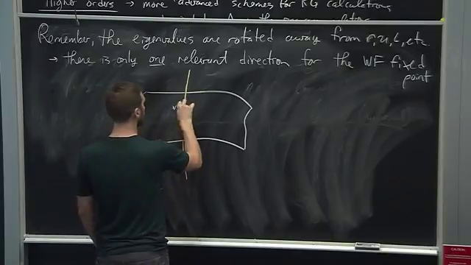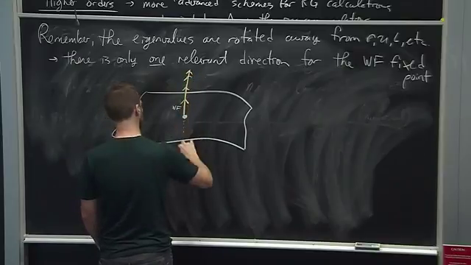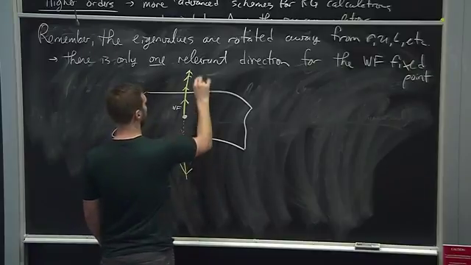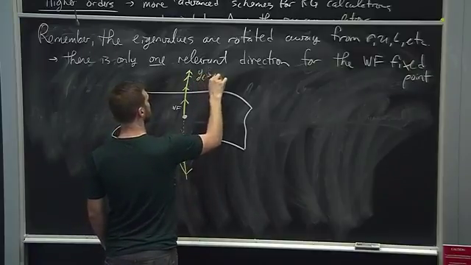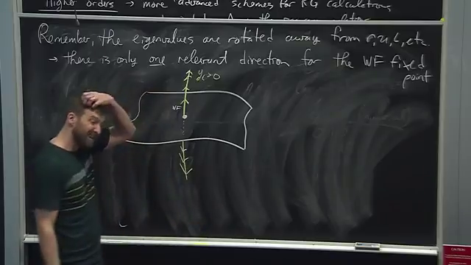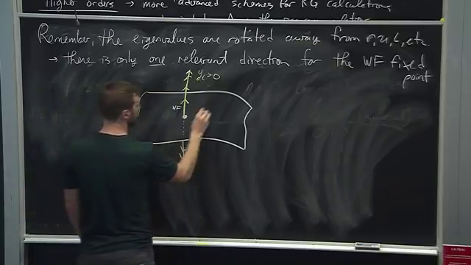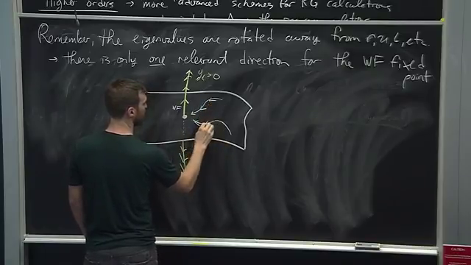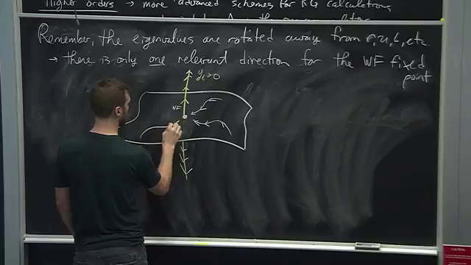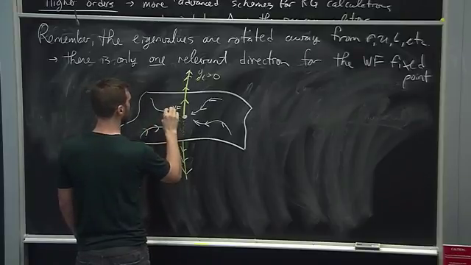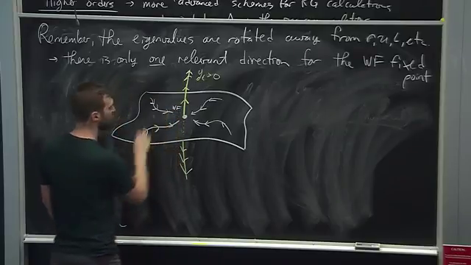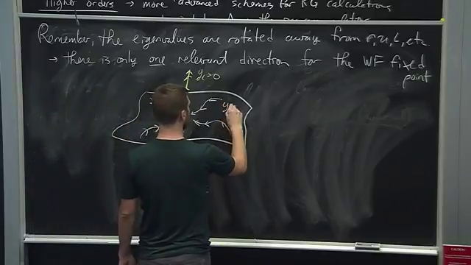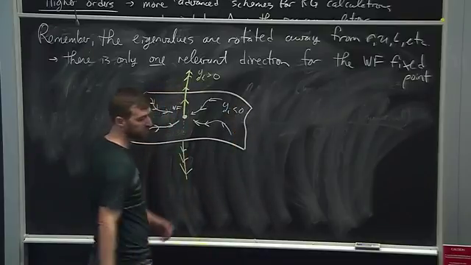What did I say? It's relevant? So that's yt greater than 0. And then everything else is irrelevant. So you just have things that are flowing in that higher dimensional space, whatever these yi's are, they're less than 0.